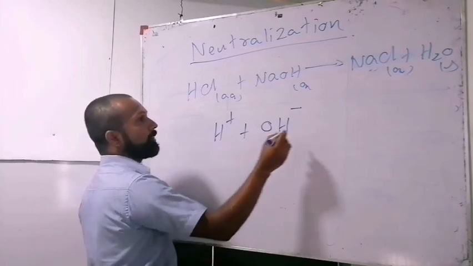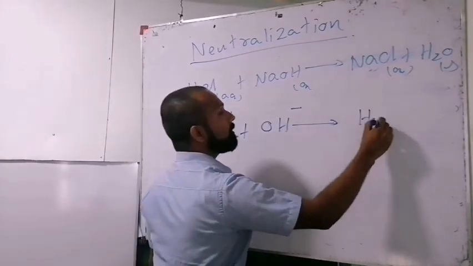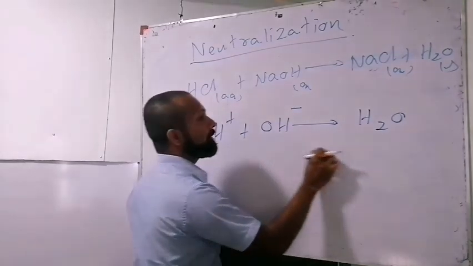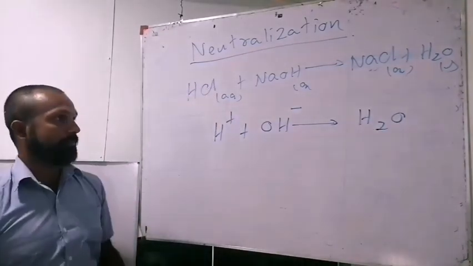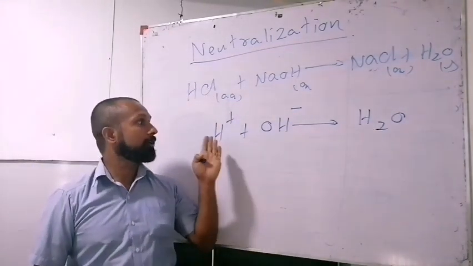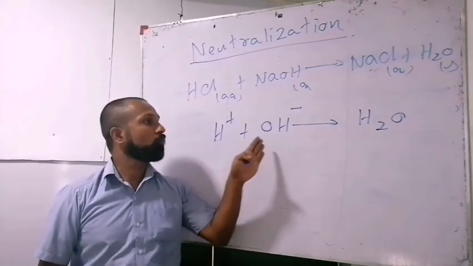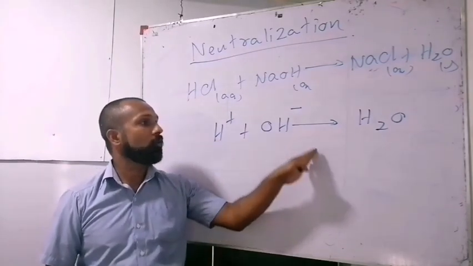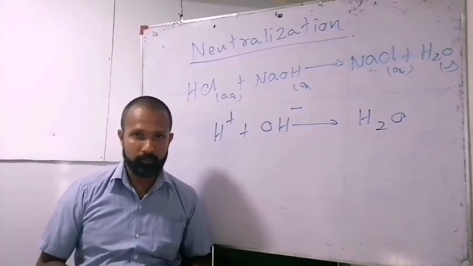These two react together to form a water molecule. This is called the neutralization reaction. Neutralization means the combination of H+ ion with OH- ion to form a water molecule.